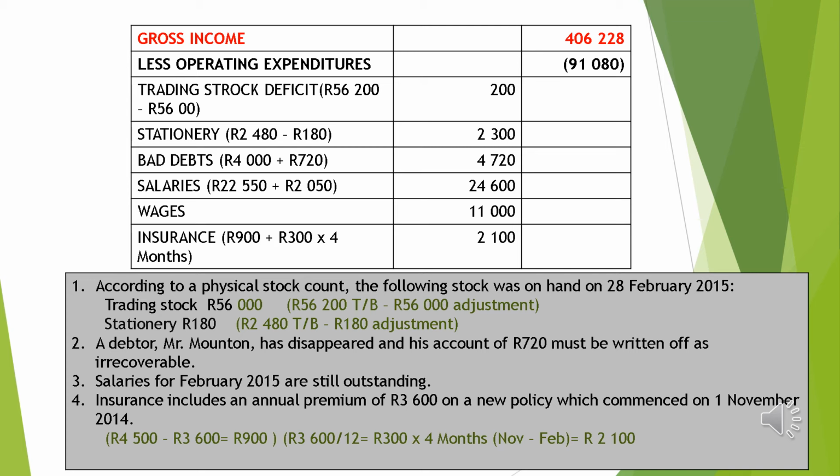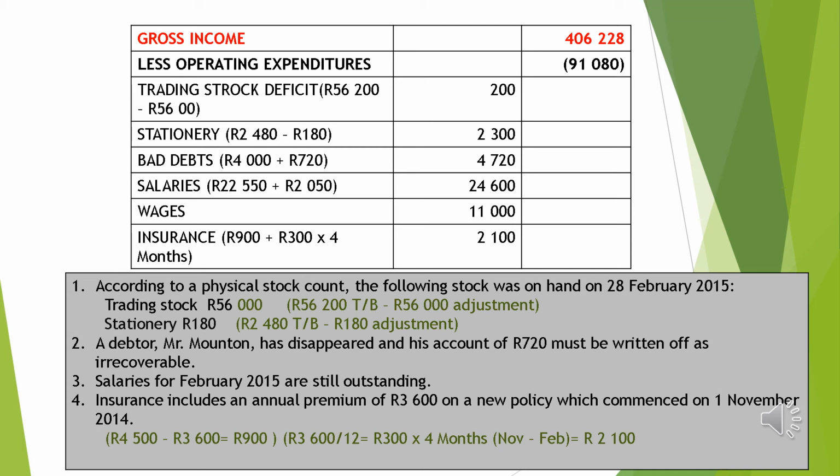If we were doing an income statement or statement of comprehensive income for a company, it would be a net profit distributable to the shareholders. But in this case, it's a one-man owned business, a sole trader. Therefore, this net profit belongs to the owner, and the net loss is suffered by the owner.